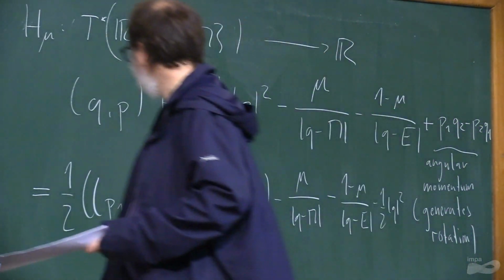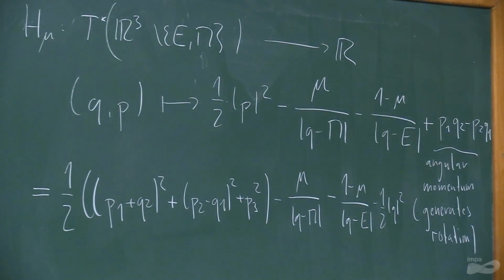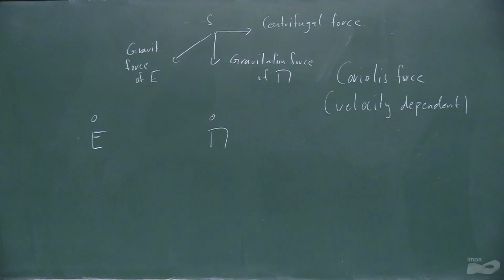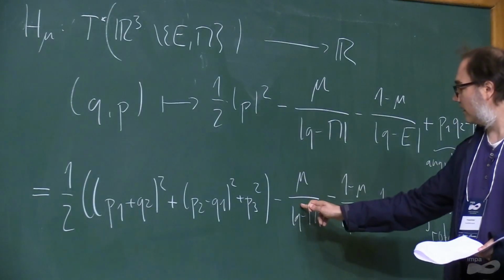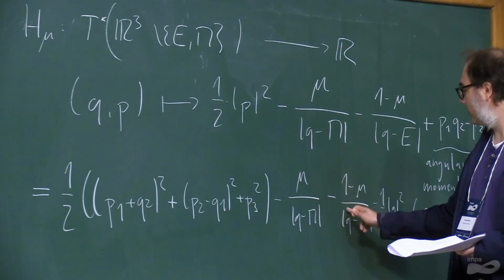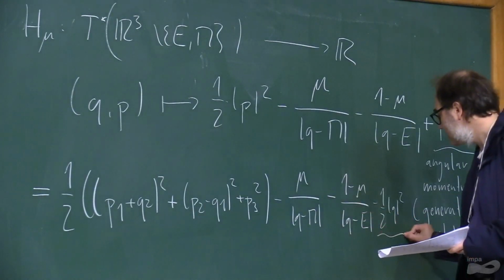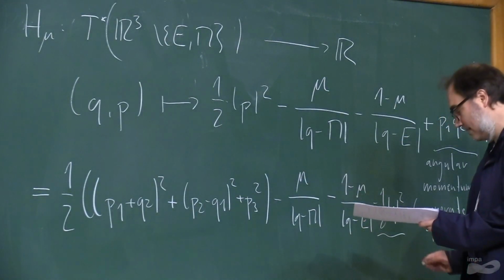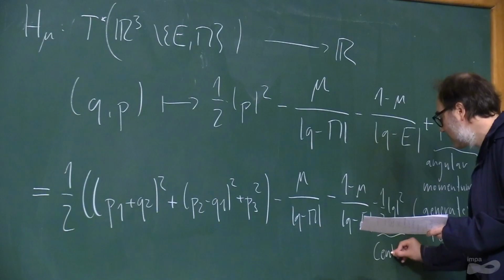In this description we can see these four forces. Here we obviously have the gravitational force of the Moon and the gravitational force of the Earth. This last term gives rise to the centrifugal force.